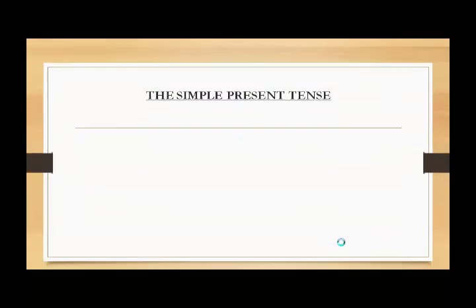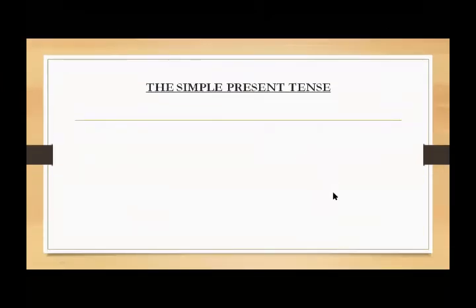Now let's start. The first tense is simple present tense. So let's see where we use simple present tense. Simple present tense is used to express general truth, just like the sun rises in the east, honey is sweet.